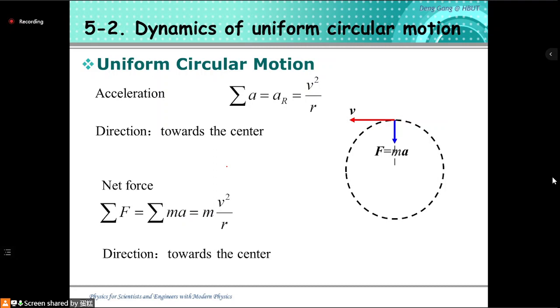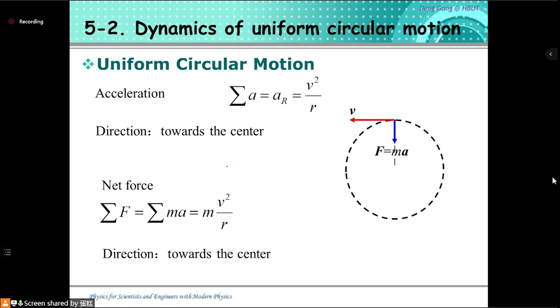If the magnitude of the speed does not change, that means this force or this acceleration only changes its direction, right? Because the magnitude does not change. This one is perpendicular to this one, so it can only change its direction.